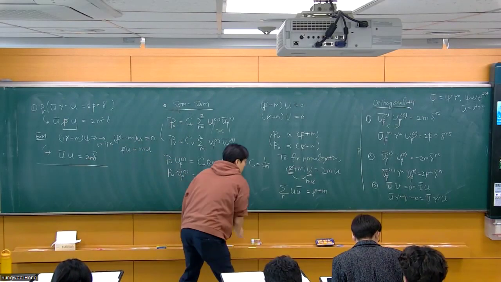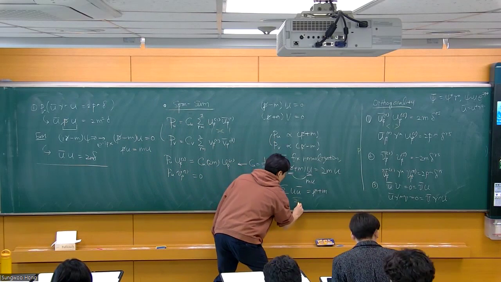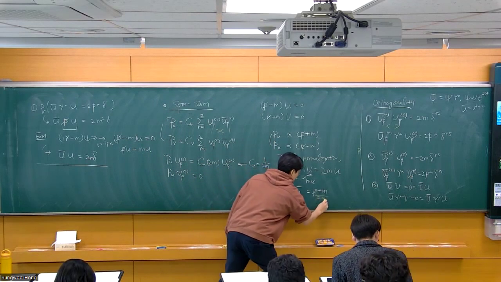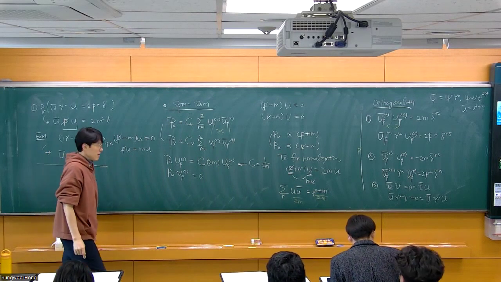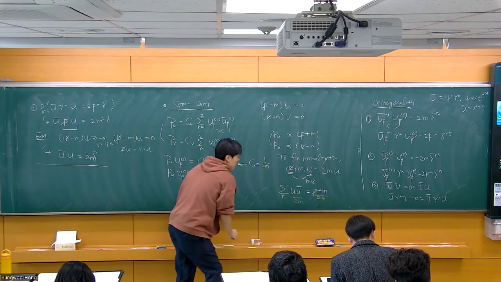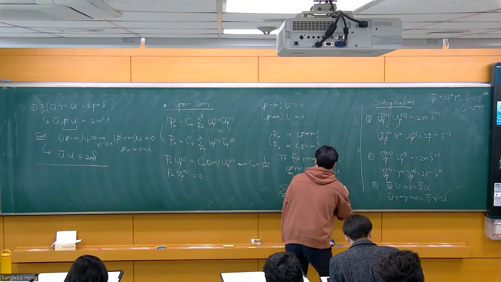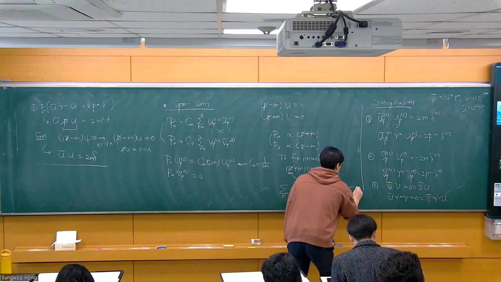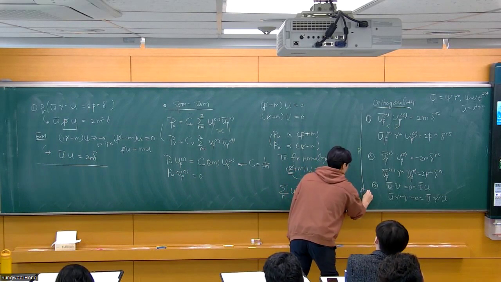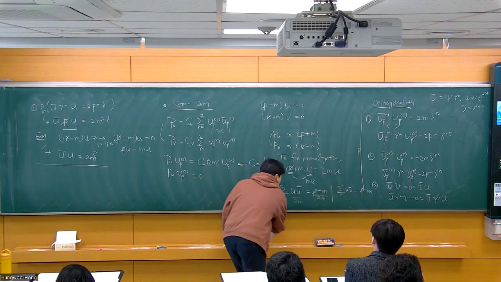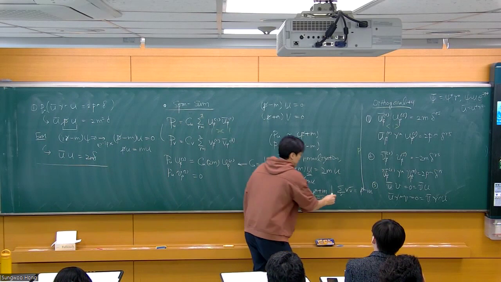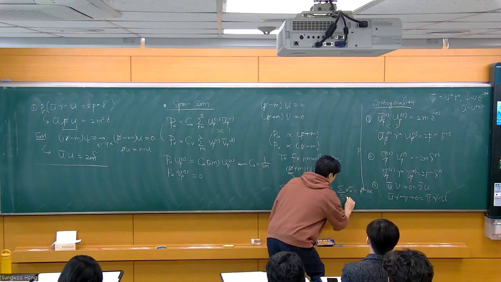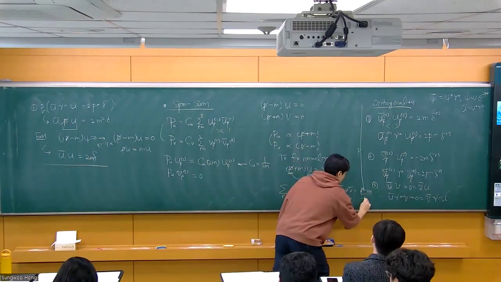Although this is not a normalized projection operator yet, this equality is true. And if you like, you can obviously divide it by 2m if you want to define a normalized projection operator. Okay? Exactly the same way, you can check immediately that the sum of v v̄ is p-slash minus m. Once again, if you want a normalized projection operator, this time you want to divide by minus 2m.